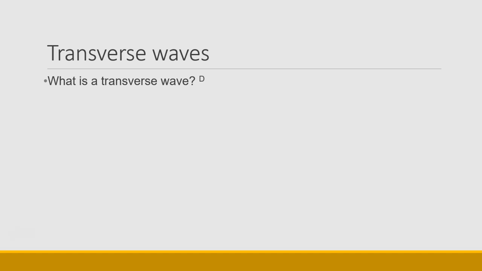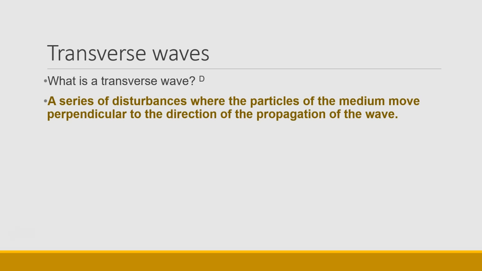Let's define specifically a transverse wave, and that's now related to the shape of the wave. A transverse wave is a series of disturbances where the particles of the medium move perpendicular to the direction of the propagation of the wave.